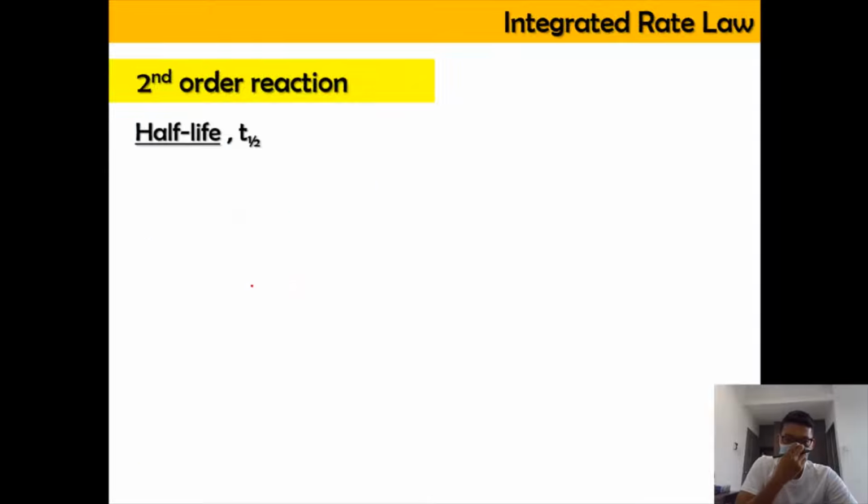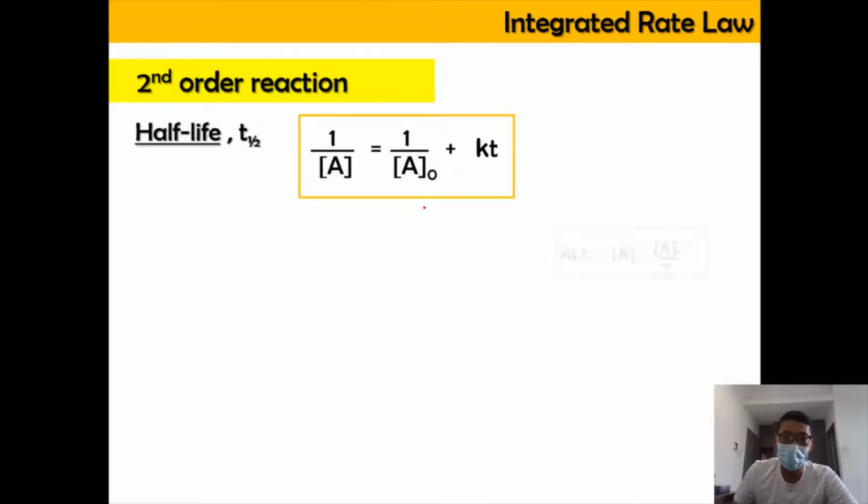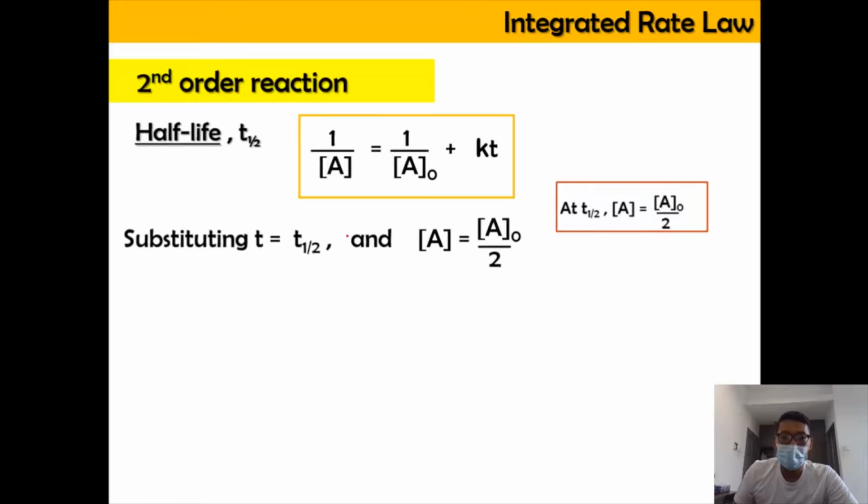For the half-life, it's basically the same technique as I showed in the first-order and zero-order reactions. Based on the integrated rate law, you plug in t equal to t half, where the concentration of A is reduced by half from the initial concentration.